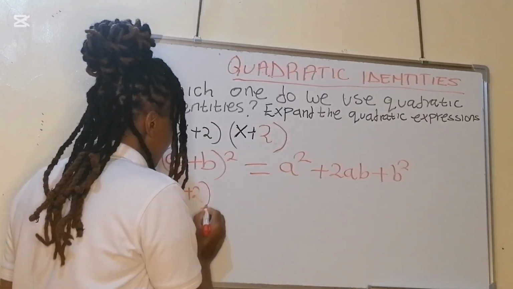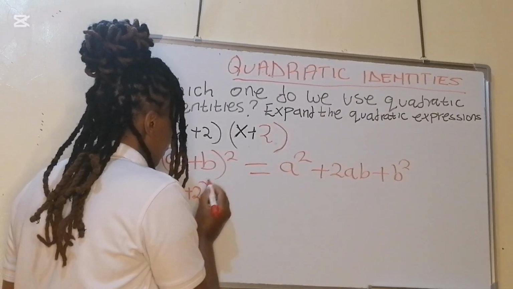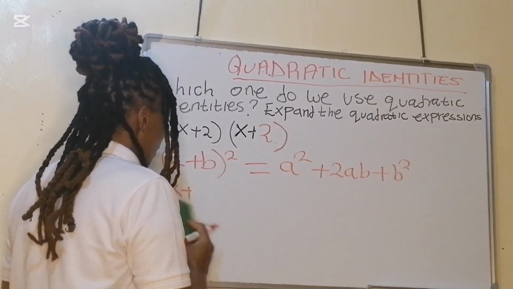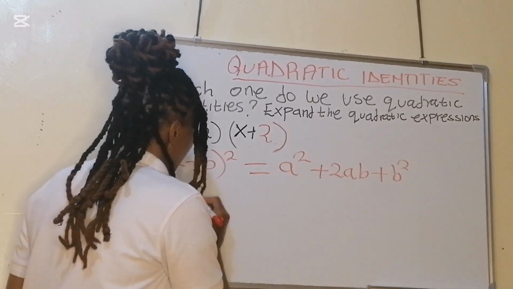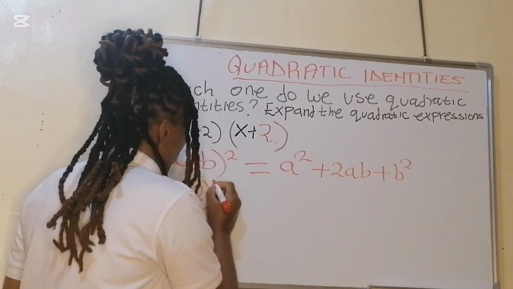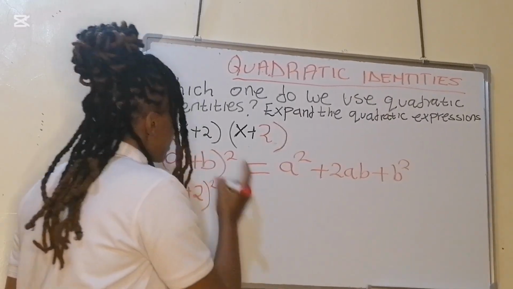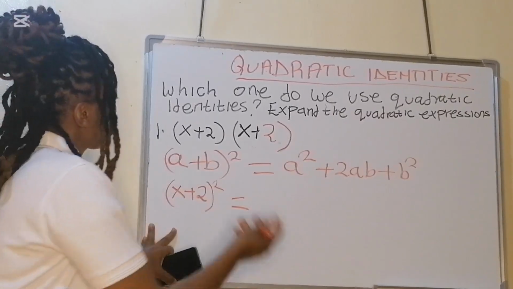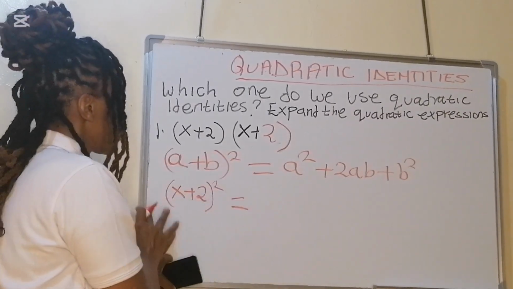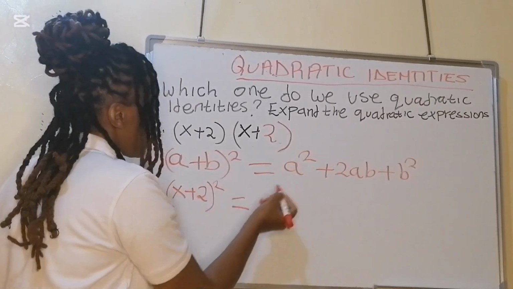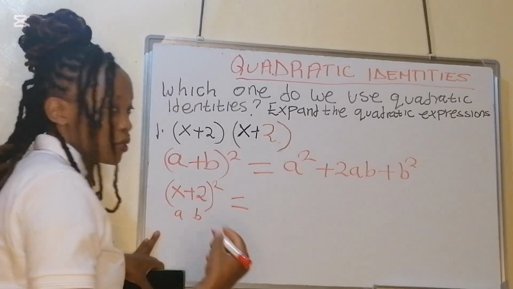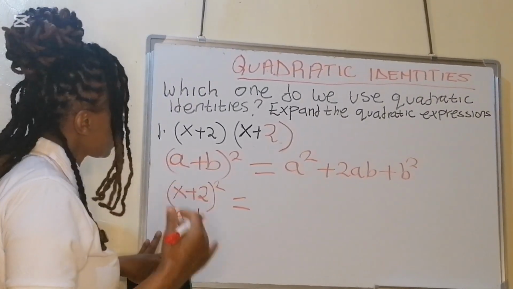Let me write it well: x plus 2 times x plus 2 is the same as x plus 2 squared. So we can use this identity. So up here, we assume this is A and this is B.